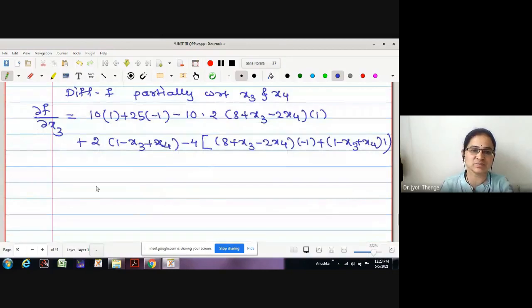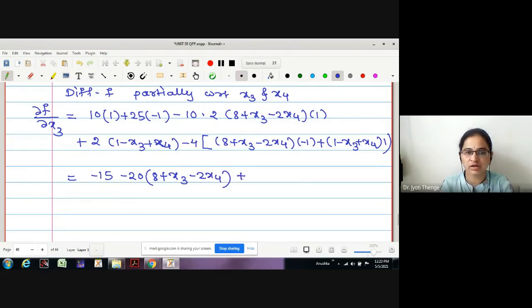Now we will just simplify this. 10 minus 25 minus 5, right? Then minus 20 times the bracket 8 plus x3 minus 2x4, plus 2 times 1 minus x3 plus x4. Now we will multiply by minus 4.